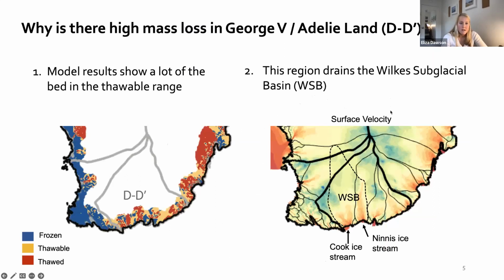So this is a combination of pieces in my model. There is a lot of thawable area in this drainage basin, and so that's one component. But this region is also really important because it contains the Wilkes subglacial basin, and you can see these ice streams that I labeled here are what drain the Wilkes basin along the George V coast here.